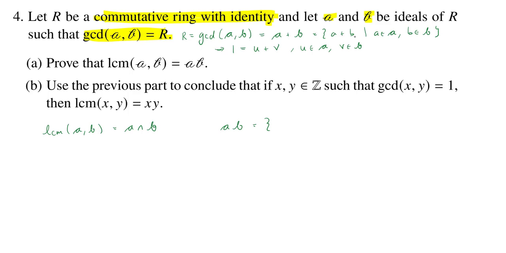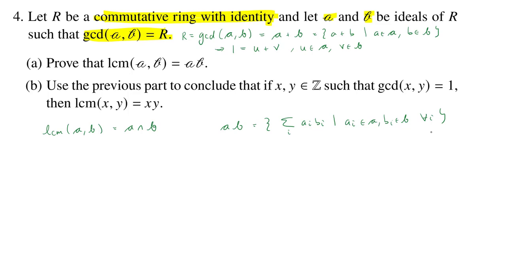If you just take products, you're not guaranteed to be closed under addition. So we're going to look at all sums of products a_i b_i, where all these a_i are in A, and all these b_i are in B. This is a sum over i. That's what the product of two ideals looks like.